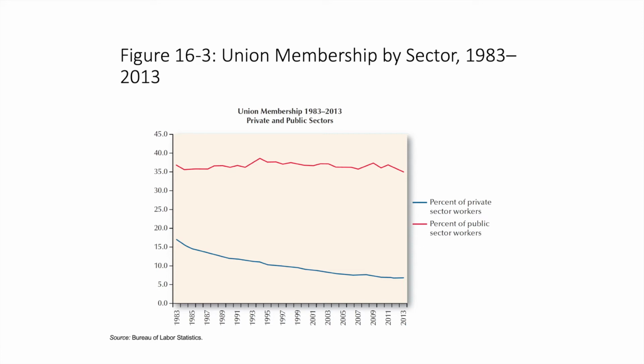Now the red, the government workers, most of the union representation will be within the government. They encourage it, they want it. However, in private industry, you see that the influence has gone down tremendously.